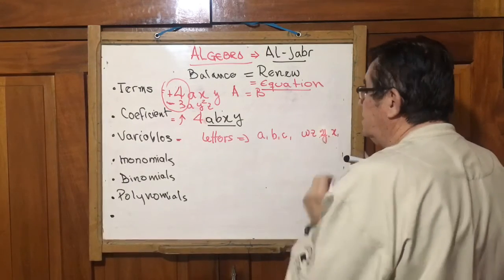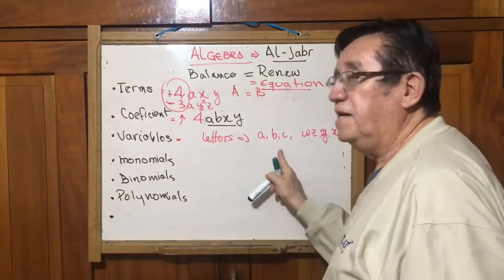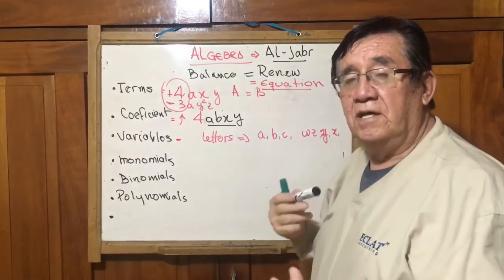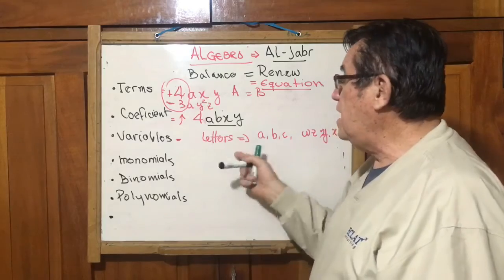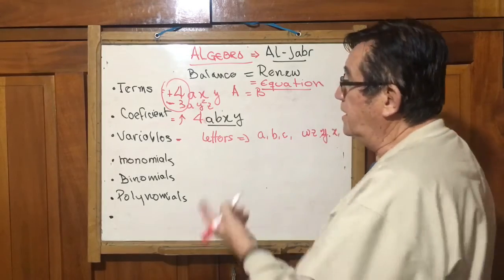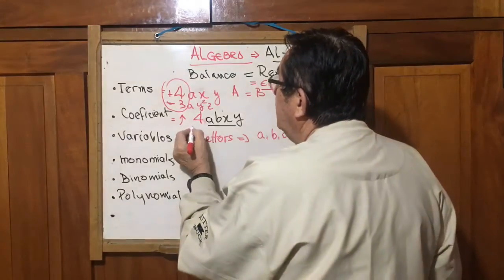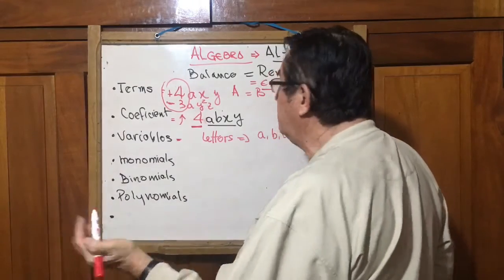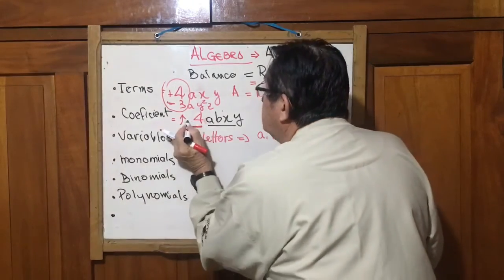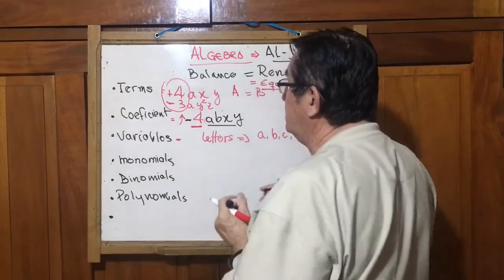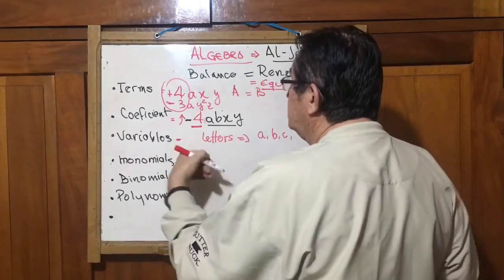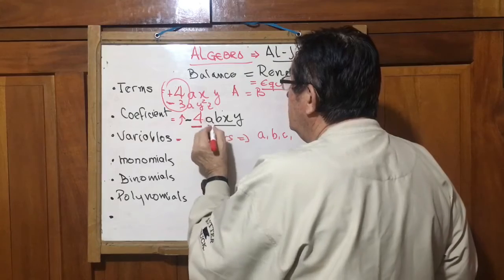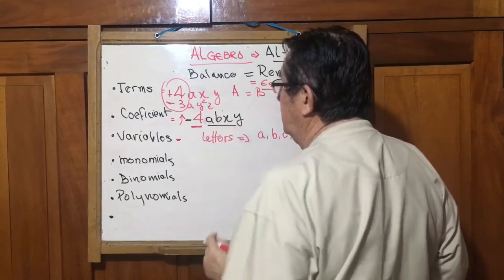They are variables because they have the possibility of changing values. They will have different values. Okay, so a coefficient has a definite value. It's going to be only 4, and it could be positive or negative. And variables depend on the values I can give to these letters.